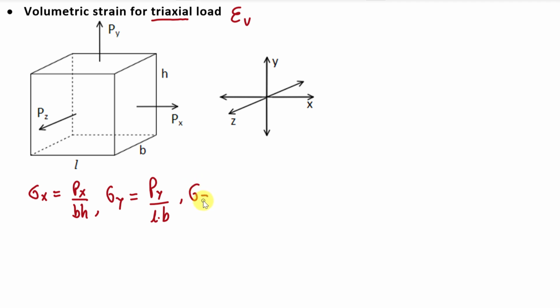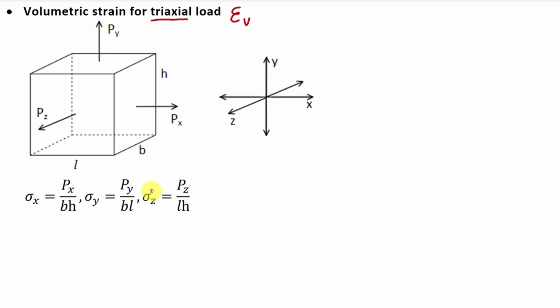It will be sigma z is equal to Pz divided by area which is perpendicular to this load, which is this length L into height h. L into h. So these are the values of stress in x direction, stress in y direction and stress in z direction due to load Px, Py and Pz respectively.